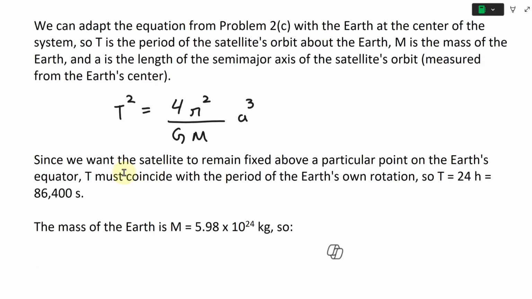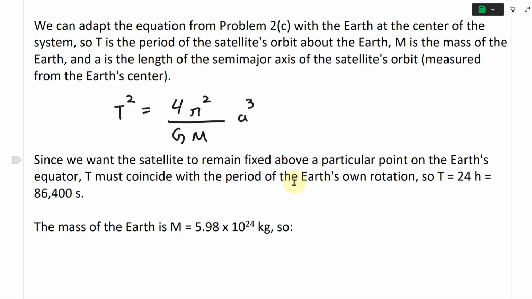Now, since we want the satellite to remain fixed about a particular point on the Earth's equator, T, the period of the satellite, must coincide with the period of Earth's own rotation. So T is equal to 24 hours, which equals 86,400 seconds.